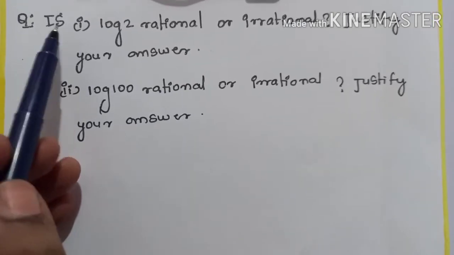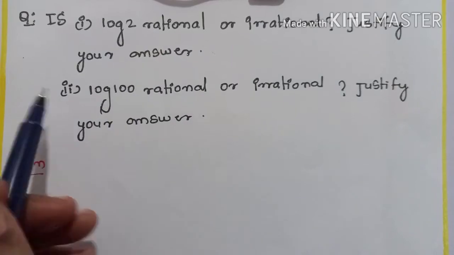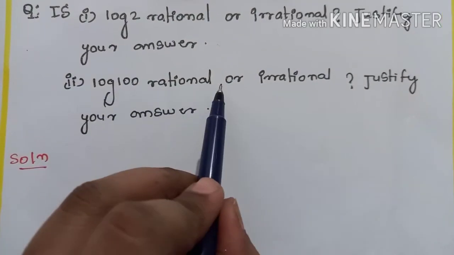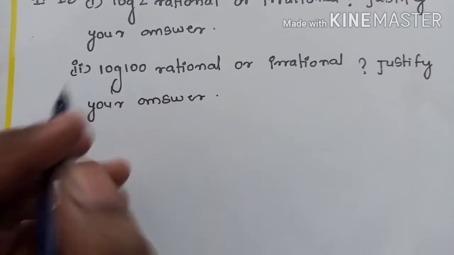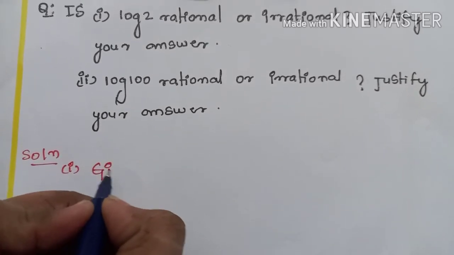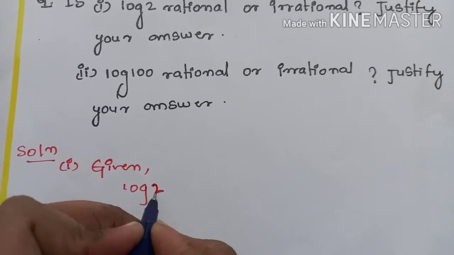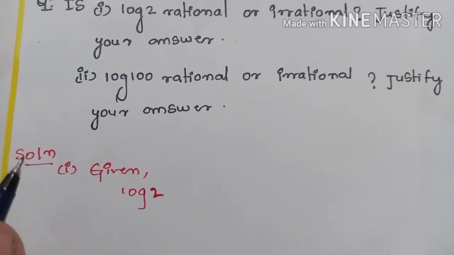Now the question is, is log 2 rational or irrational? Justify your answer. And the second one is, is log 100 rational or irrational? Justify your answer. So the first one, given log 2, use the contradiction method which we have used in exercise 1.